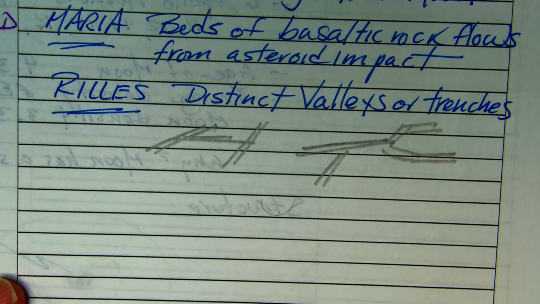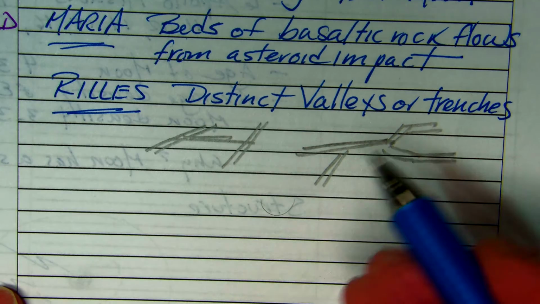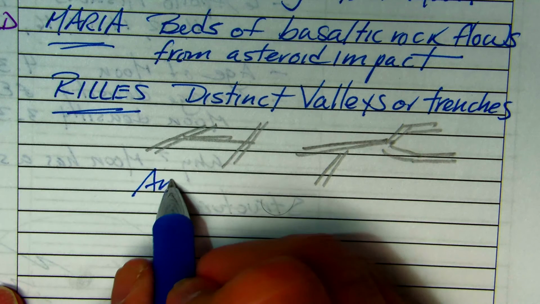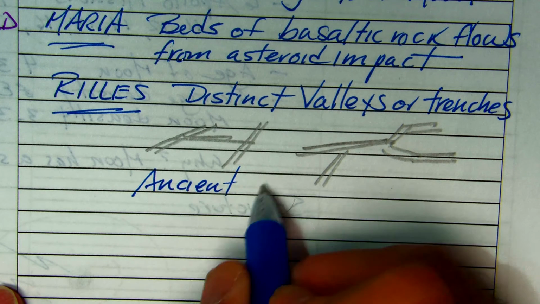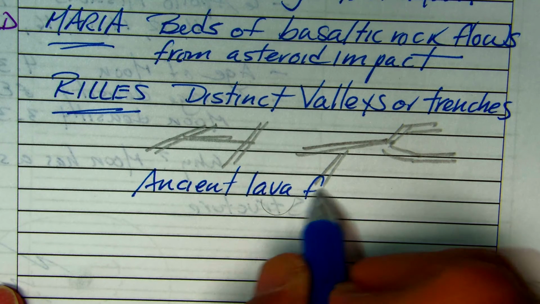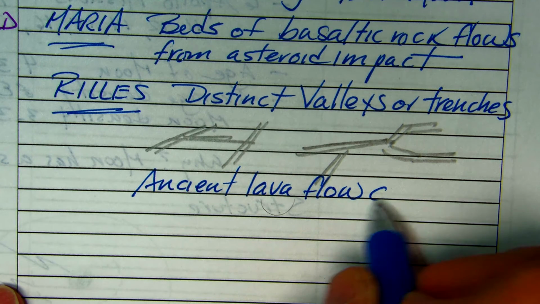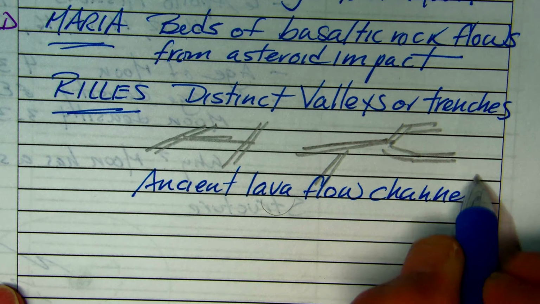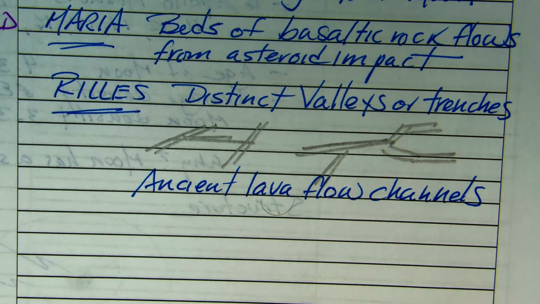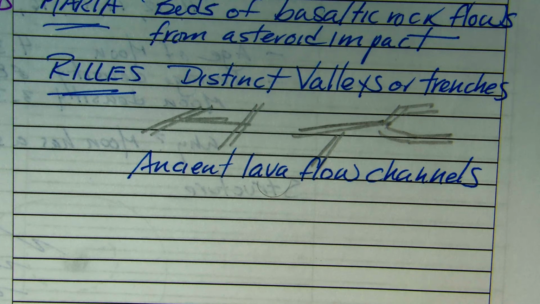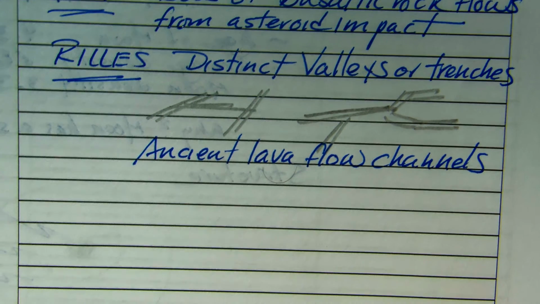And these would be ancient lava flow channels. Next is regolith, and we're pretty close to wrapped up.